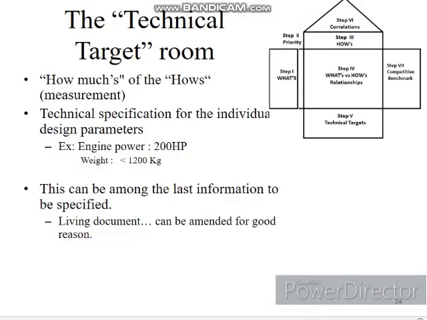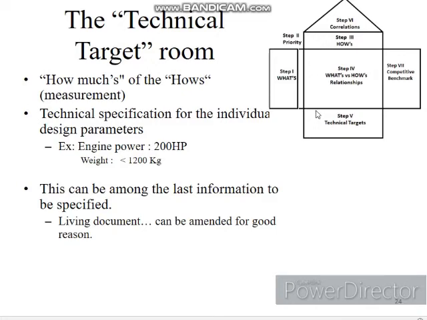The next room to be completed is the technical target room, step number 5. So basically, this is answering the how much measurement of the house. So just now we have looked at the definitions of the house, where we put in all the design parameters, right? For example, engine power, so on and so forth.